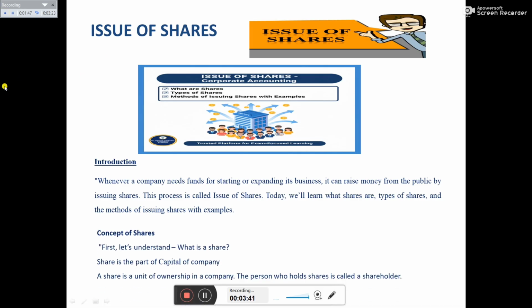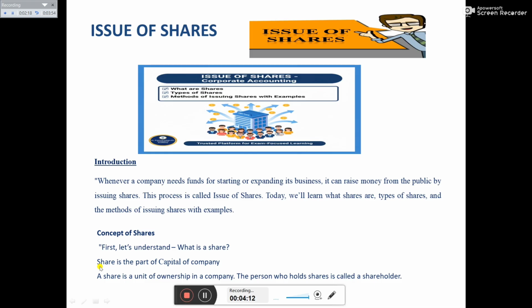Next, we are going to learn the concept of share. What is a share? Share is a part of the capital of a company. It is not the full amount, it is a part. If the company requires 1000 shares, it may be 1 or 900 of them.